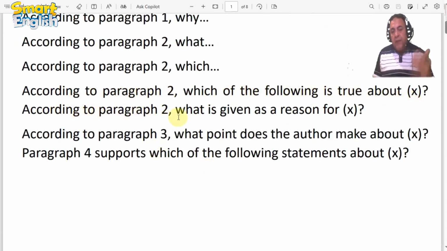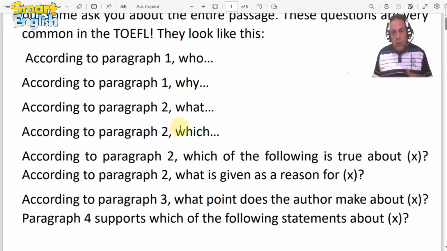According to paragraph number 2, what is given as a reason for X? According to paragraph 3, what point does the author make about X? Paragraph 4 supports which of the following statements about X. All of these kinds of questions you will face in your test today in the TOEFL iBT reading section.